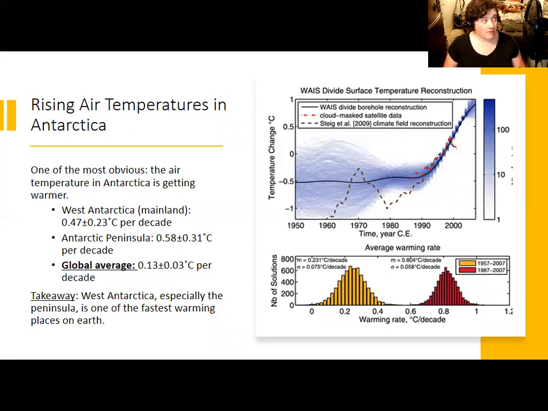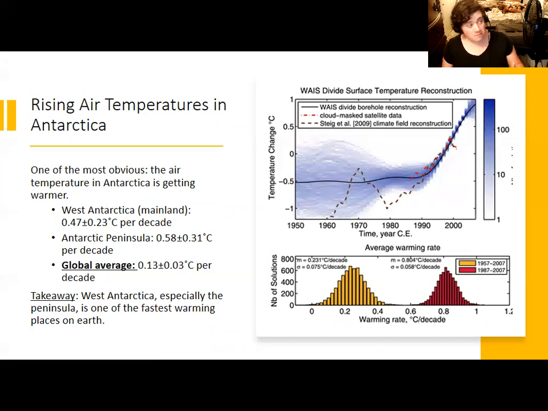In the peninsula, it is warming at a rate of 0.58 degrees per decade. These are a lot faster than the global average. Globally, average air temperatures are going up by 0.13 degrees Celsius per decade. West Antarctica is one of the fastest warming places on Earth, and this is going to have significant consequences down the line for the landscape and ecosystems of Antarctica.